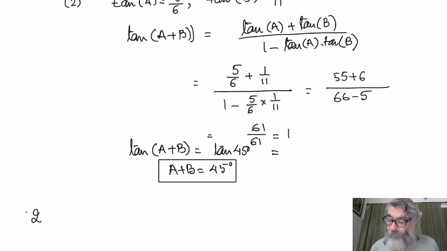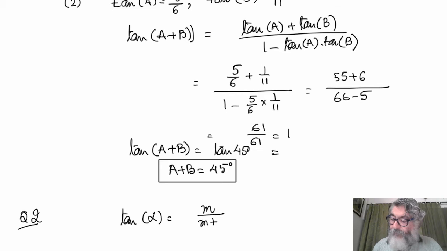Question number 2. tan alpha is m upon m plus 1, and tan beta is 1 upon 2m plus 1.